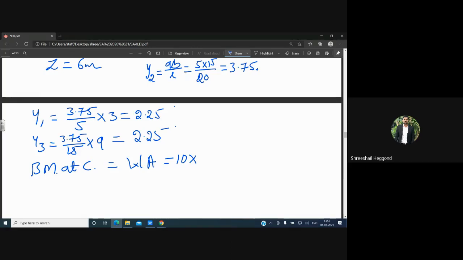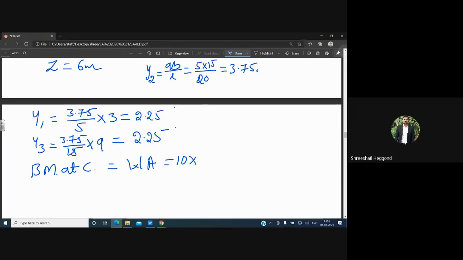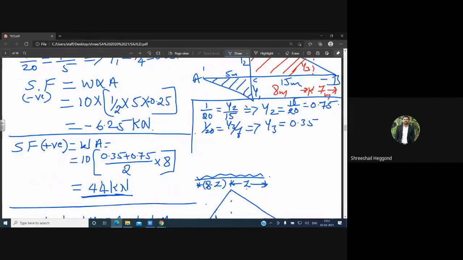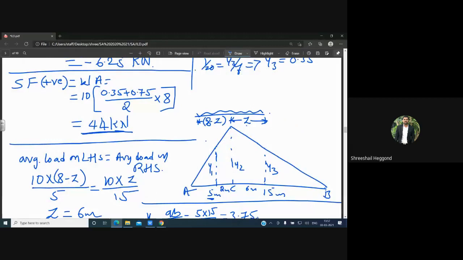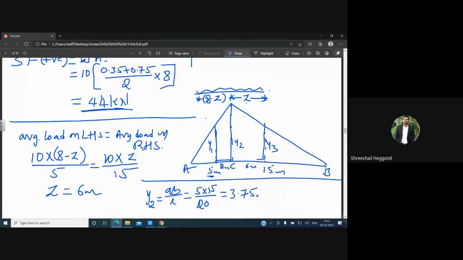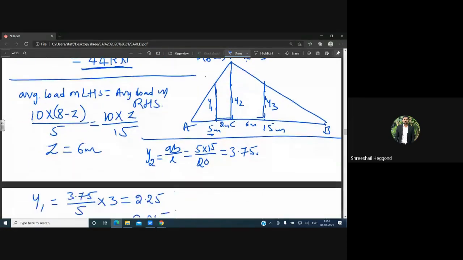There are two trapezoidals in this one. You cannot write directly one trapezoidal. If this is a triangle, this is one trapezoidal you need to write, that is the left side, and on the right side one more trapezoidal you need to write. Okay? And calculate the bending moment.